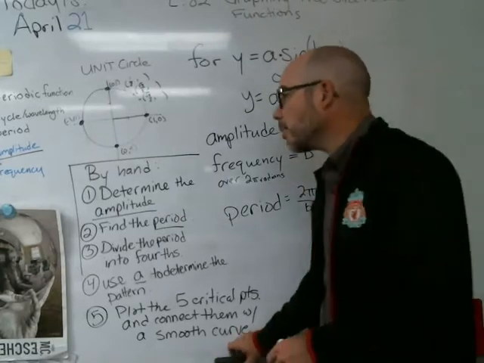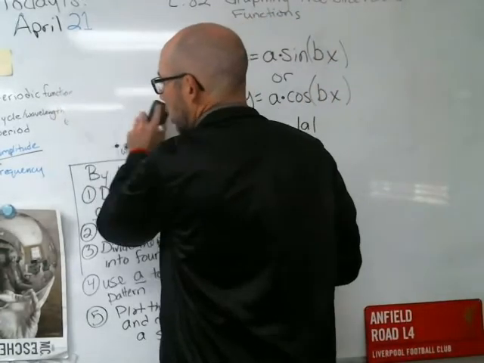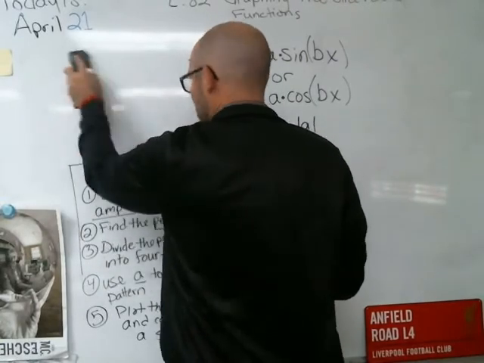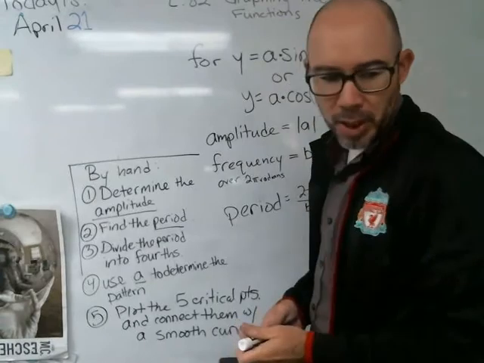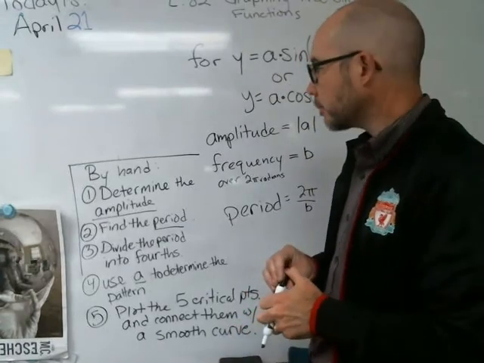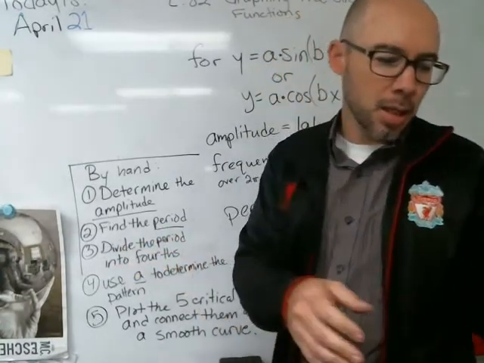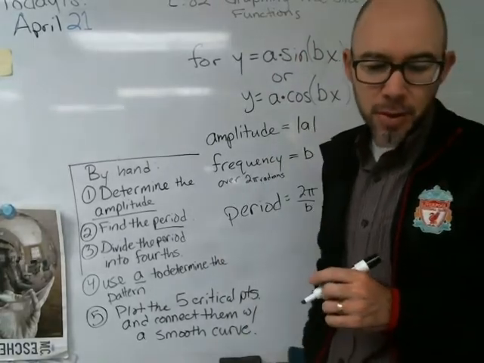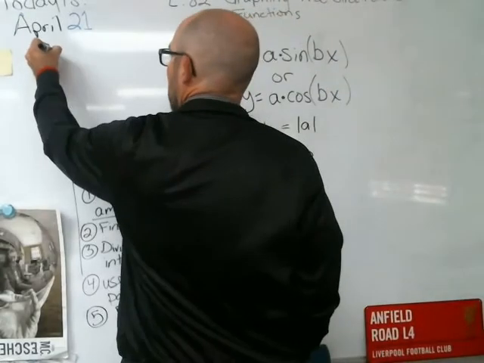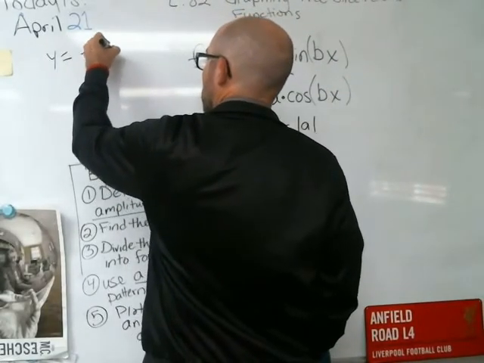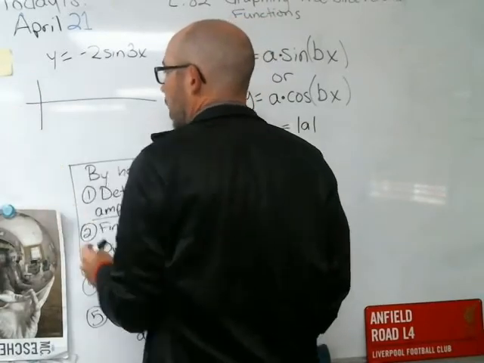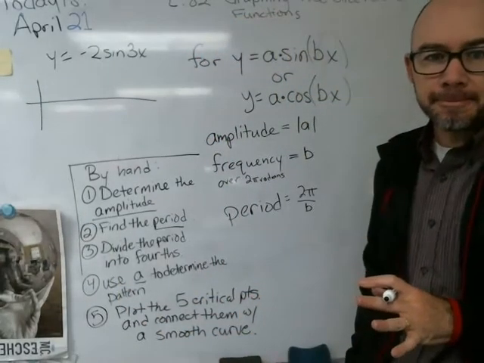So if I'm going to draw a picture by hand, which you can do, or you can use that magic paper that I gave you, though the magic paper only has certain points on it. Let's take an example, I'll take -2 sine 3x. Okay, I'm going to just start with that.